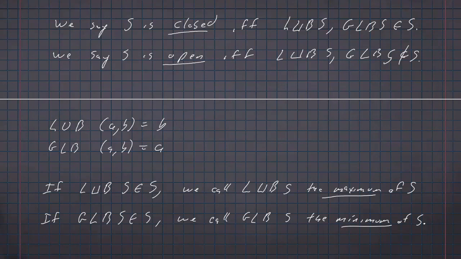The least upper bound and greatest lower bound might or might not be in the set. But if a set has a maximum, the maximum is the least upper bound. If a set has a minimum, the minimum is the greatest lower bound. And by speaking about least upper bound, greatest lower bound instead, it saves us from the headache of if this thing is in the set or not. Just makes life a little bit easier for us there.